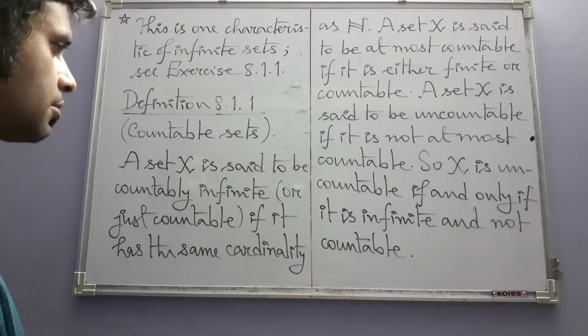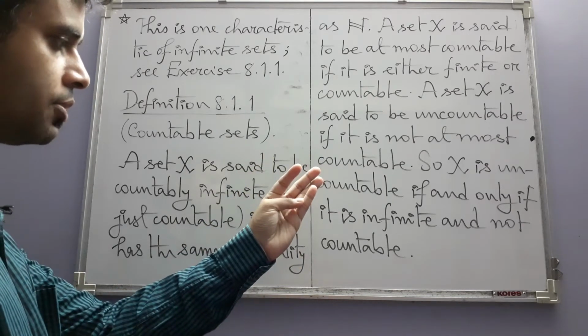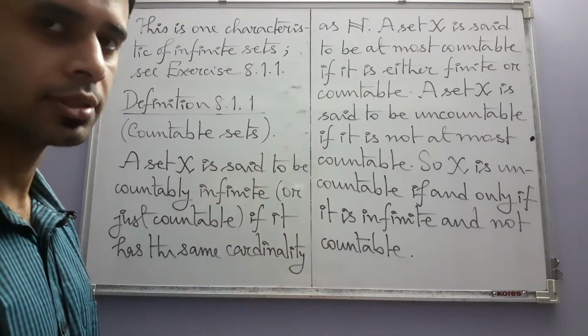Okay, so this is the notion of a countable set, an at most countable set, and an uncountable set.